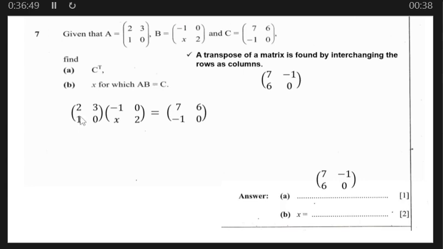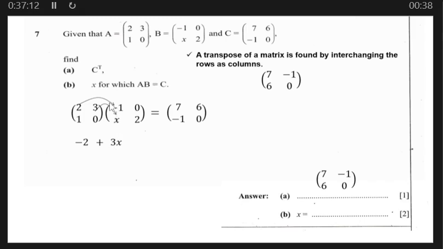So we'll say this times that. 2 times -1, which will be -2. Then we shift and put a plus, because we are going to this one. So say 3 times x, which will be 3x.